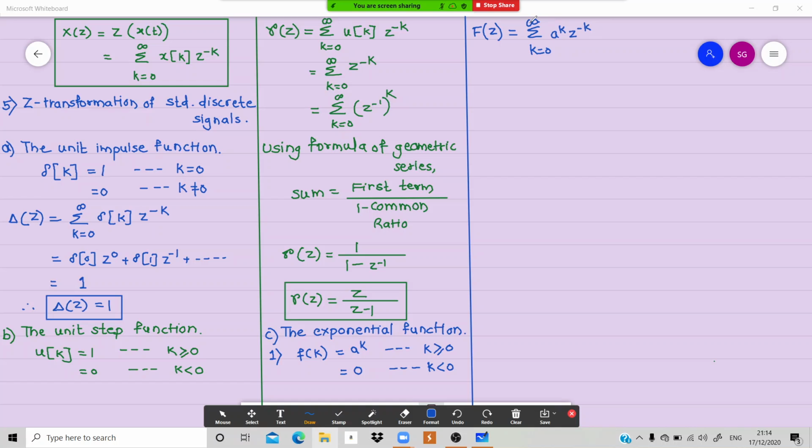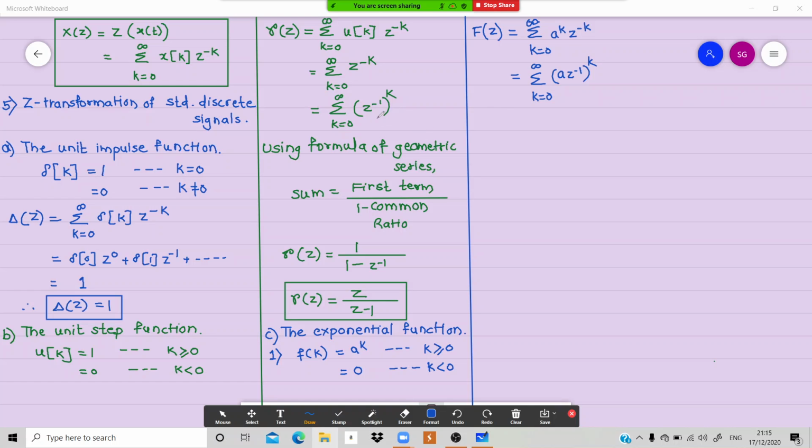Your function f of k, or your x of k we can say, is a raised to k. If you write it like this, it will be easier for us to understand: a z raised to minus 1 raised to k.